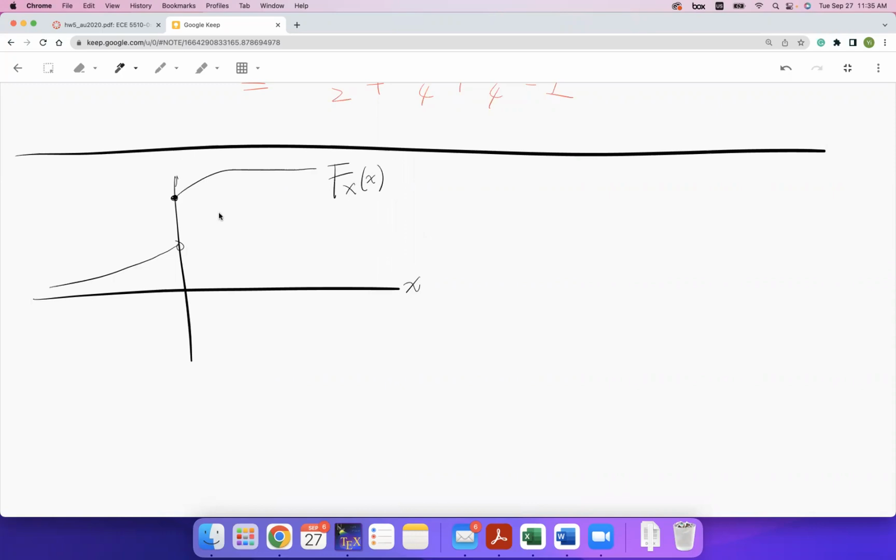You can see that it is non-decreasing, continuous, so it satisfies all the conditions of CDFs, right? Now, for this one, it has a discontinuity point. So we can correspondingly sketch the PDF, again, by leveraging the impulse function.